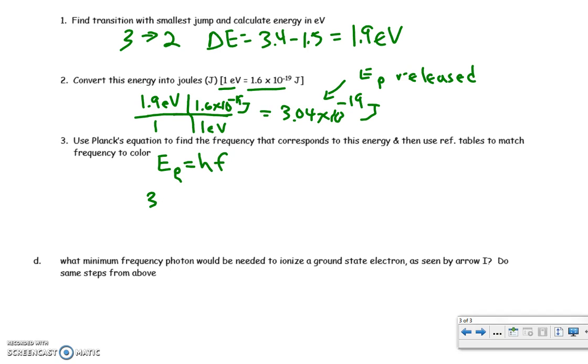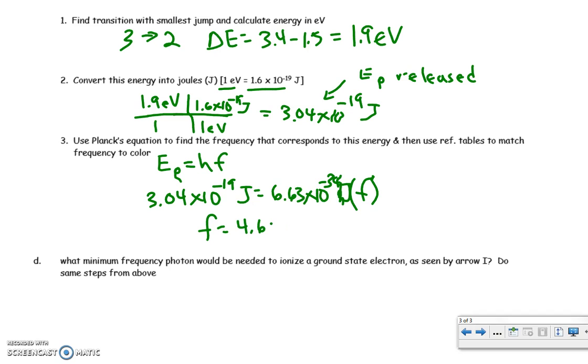We know the energy of the photon in joules is this, equals Planck's constant times f. If I solve for f, that should be pretty straightforward. I get about 4.6 times 10 to the positive 14th hertz. Sorry, this is so sloppy. I'm in a bit of a rush, so let me erase that. I think I have a minute.